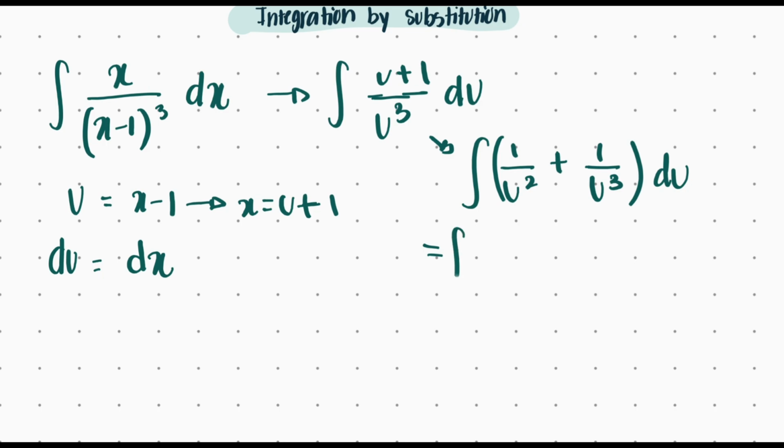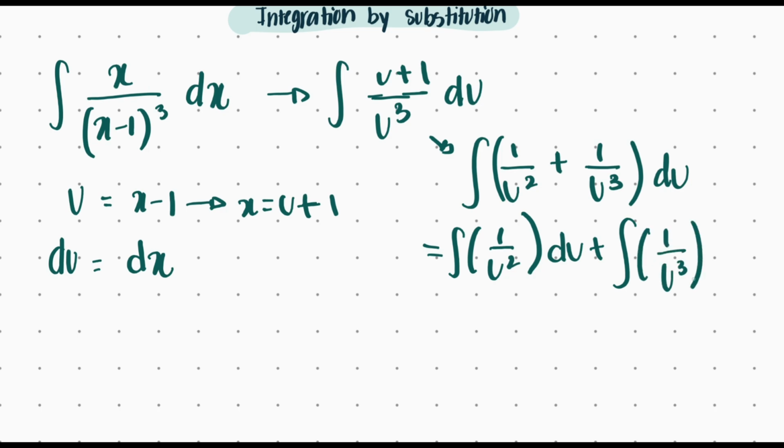Then this is just the integration of 1 over u squared du plus the integration of 1 over u cubed du. This is equal to minus 1 over u, and this is equal to minus 1 over 2u squared.